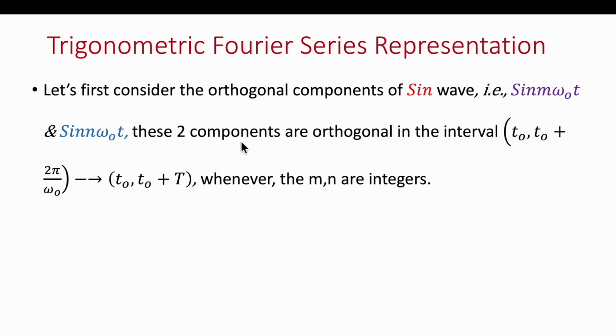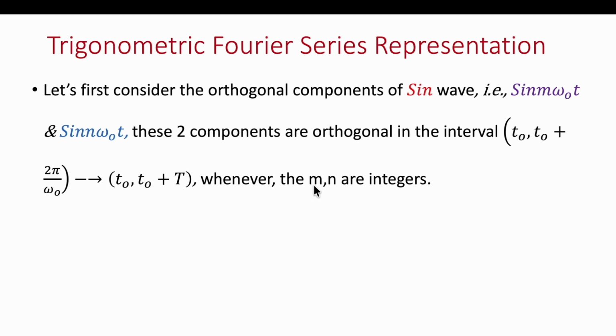These two components are orthogonal in the interval t naught comma t naught plus 2 pi by omega naught, that is t naught comma t naught plus capital T, where capital T is the time period, which can be written as 2 pi by omega naught, wherever m and n are integers.